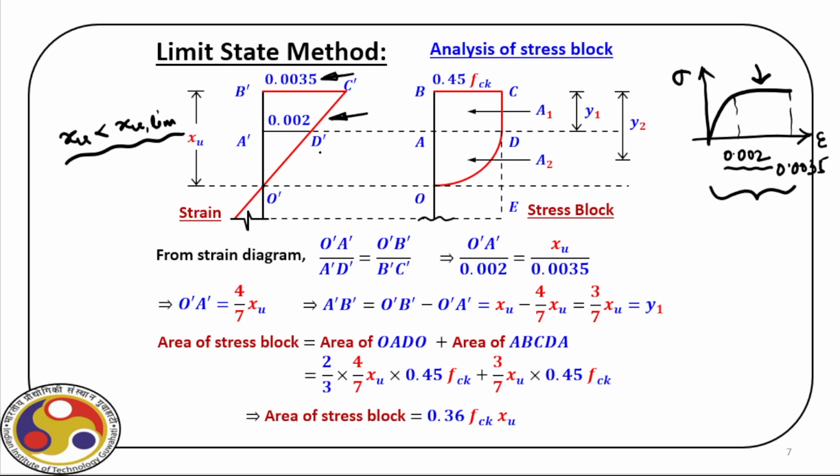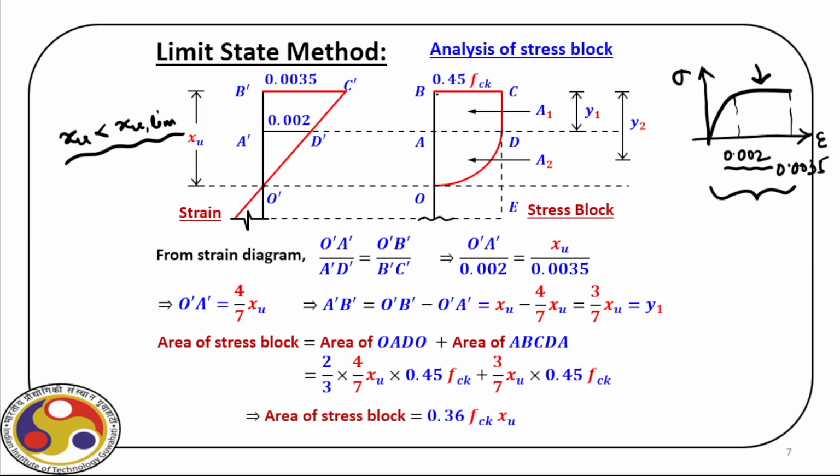So that's how these two plots are developed over the cross section of the beam. Now, if you look at the strain profile, because it is linear, we can easily figure it out. But in the stress profile, initially we have a parabolic part followed by a straight line.